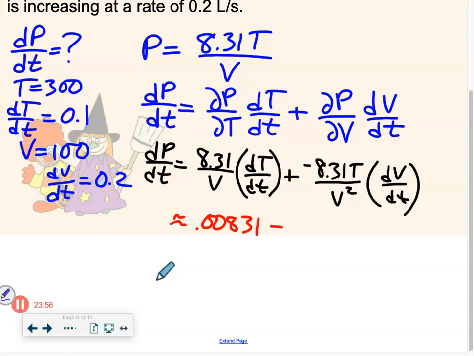Okay, so I got minus 0.04986. So this minus this, I got negative 0.04155. Does that match what other people got?